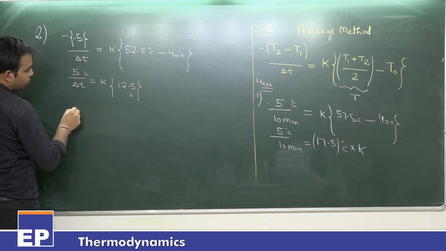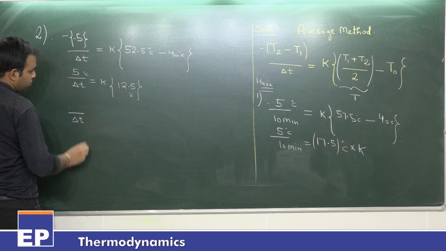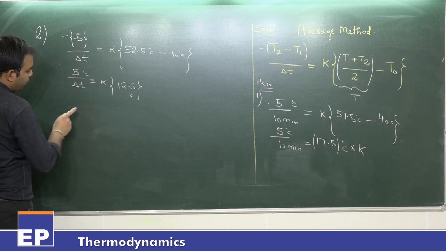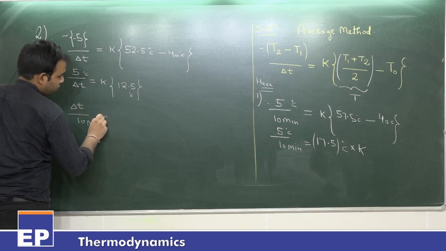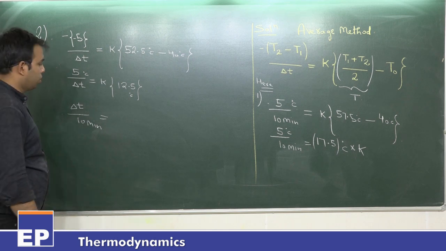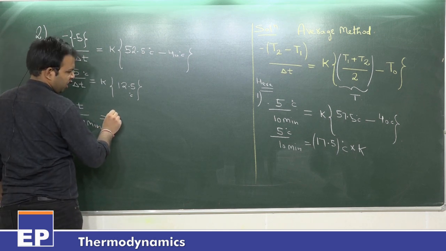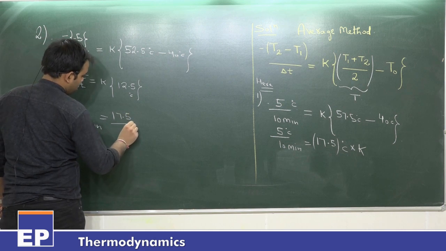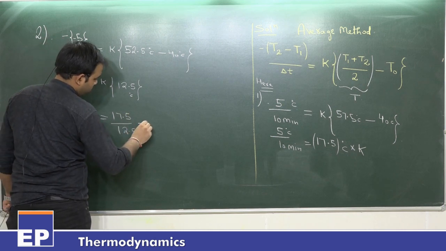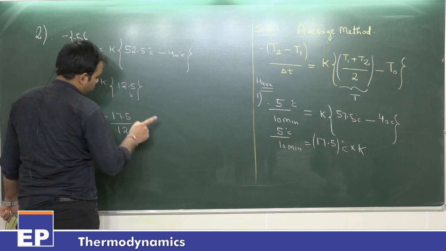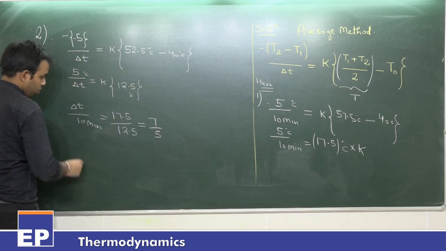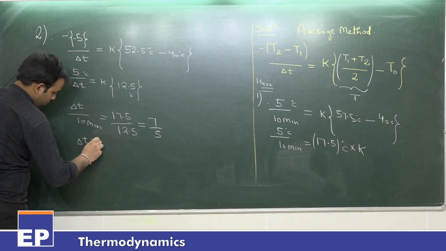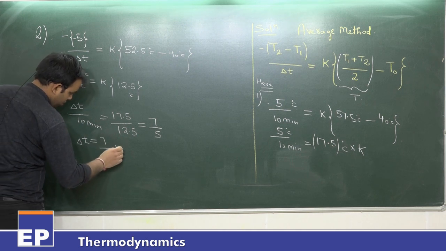रेशो लेंगे तो क्या बनेगा, delta T by 10 और वो चीज को अगर मैं यहां रखूंगा क्या बनेगा उसको इधर, 12.5 by 17.5, 25 से अगर मैं कटिंग करूंगा तो it will become 7 by 5. तो what is delta T? 7 by 5 into 10 minutes.